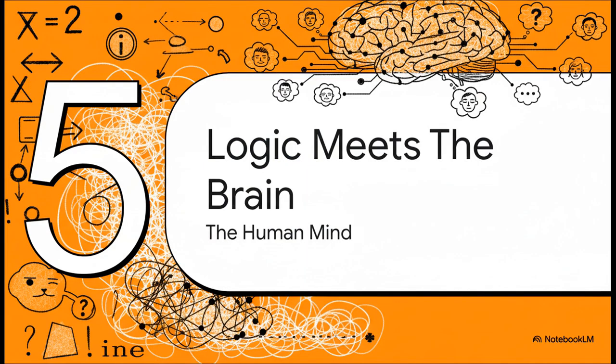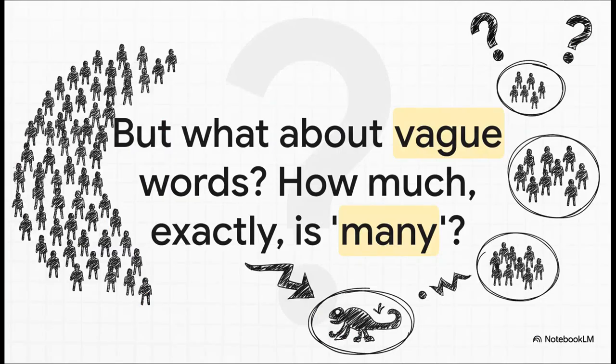So we have this really powerful formal theory. But how does it connect back to us? Back to the messy, complicated reality of the human mind. And this is where things get really interesting and kind of tricky. The theory is fantastic for something precise, like at least 3. But what about many? If I say many people showed up, how many is that exactly?